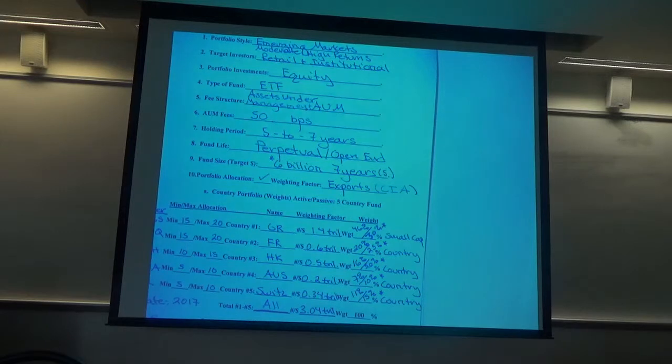And then I told myself I didn't want to have all that much exposure in Germany. So I basically adjusted the exposure down to 30% for Germany, I increased the allocation to France to 25%, Hong Kong from 16 to 20, Australia to 10% from 7, and Switzerland up to 15 from 11. And basically just came up with the allocations like that, okay?